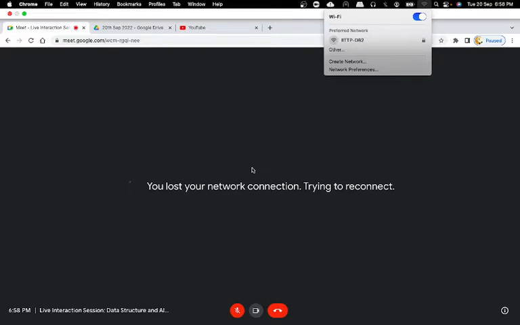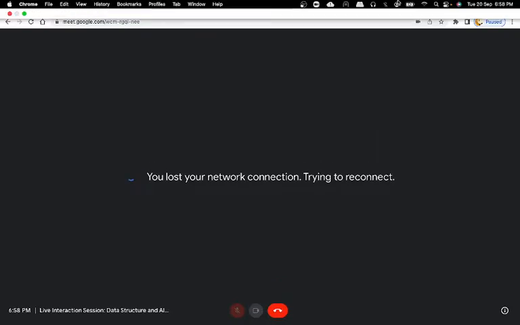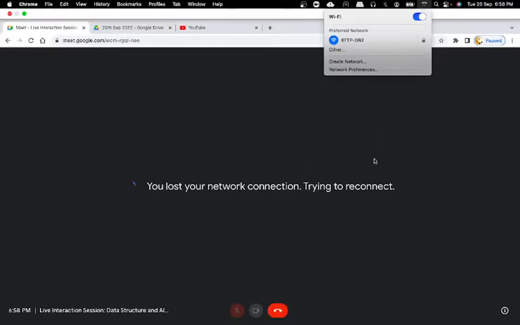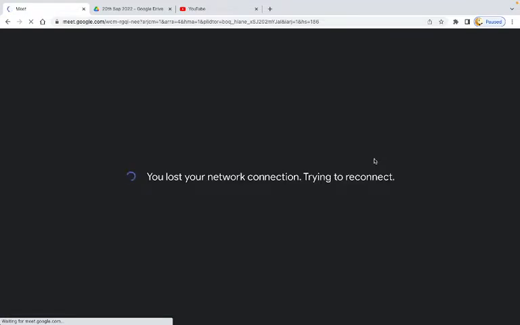Hey, the net is working. Yeah, sorry, I think my network got disconnected a little bit. I'm not able to hear anything from the second device, that's why. Okay, now I think it came back.